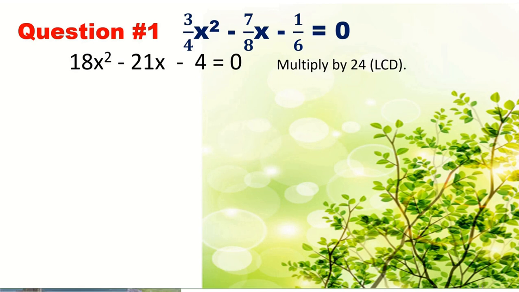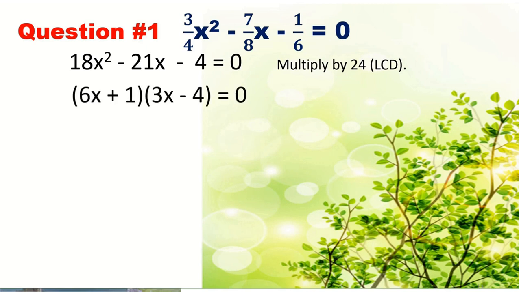You multiply all the terms by the LCD. 3/4 times 24, don't forget, 24 is the LCD. When you multiply 3/4 of x squared times 24, it becomes 18x squared. Negative 7/8 x times 24, it becomes negative 21x. Negative 1/6 of 24, that is negative 4. 0 times 24 equals 0.